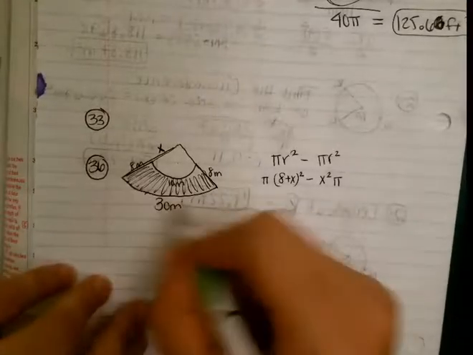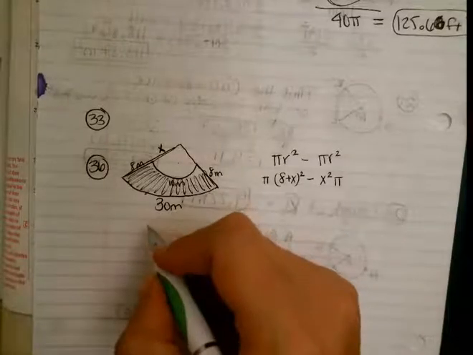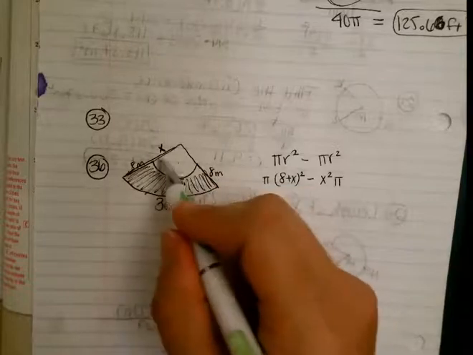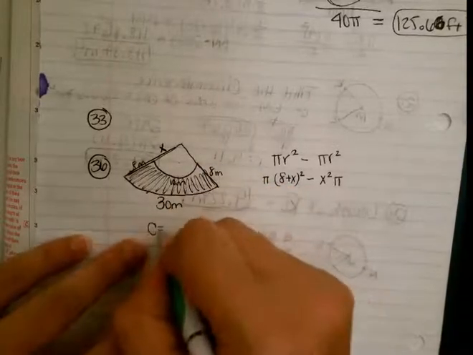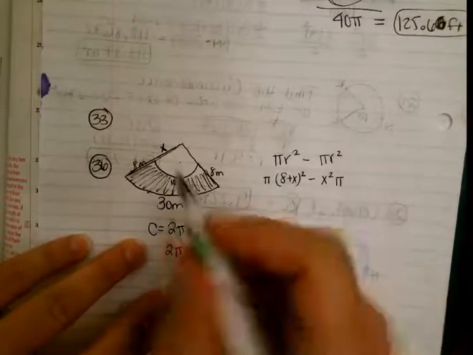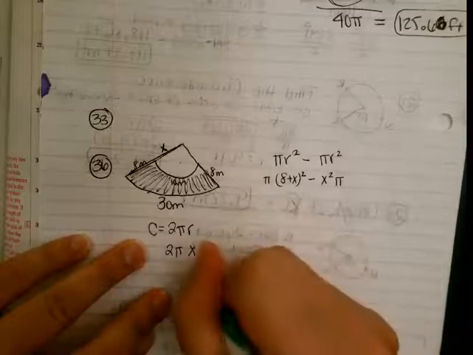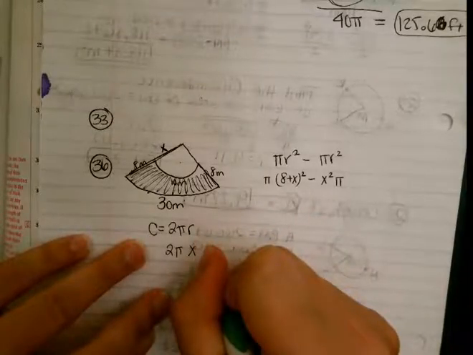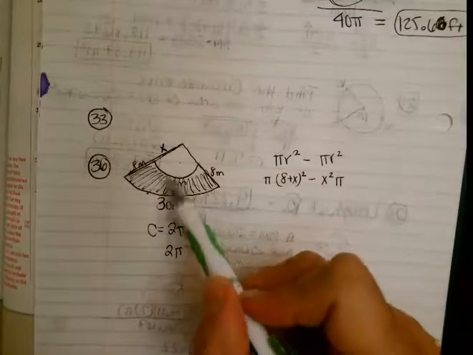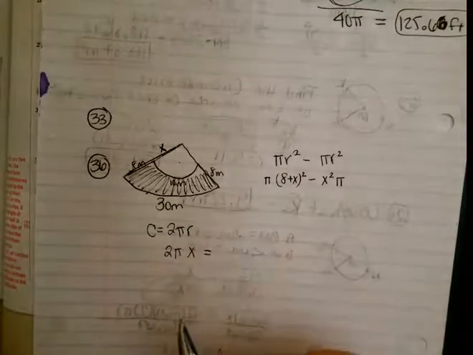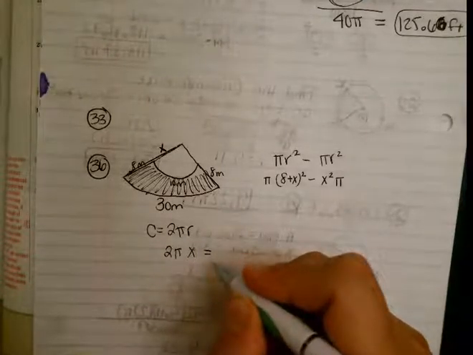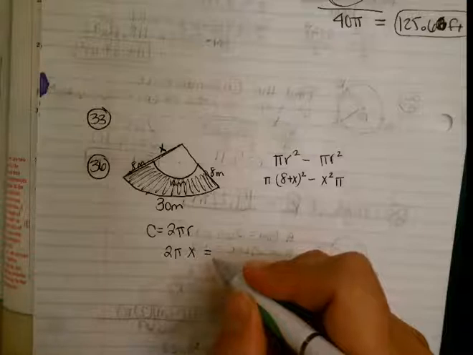All right, so let's think about this arc length. The circumference of a whole circle with, say, x, right? Circumference is 2 pi r. So 2 pi times x equals your whole circumference, and this one has 10, times whatever the portion is.